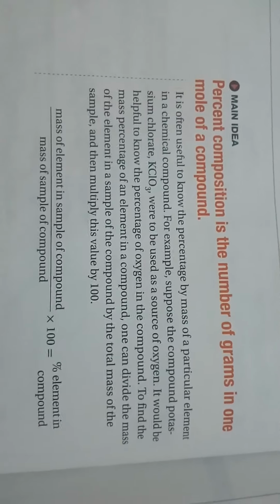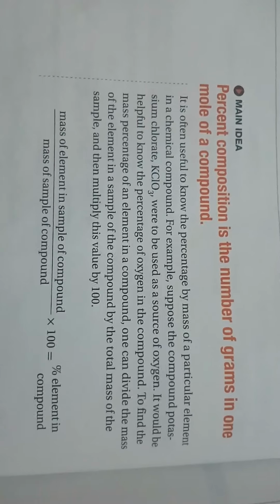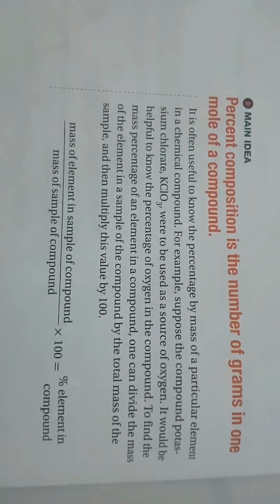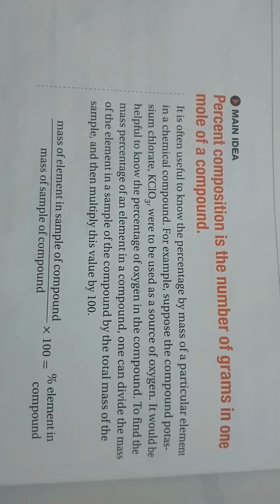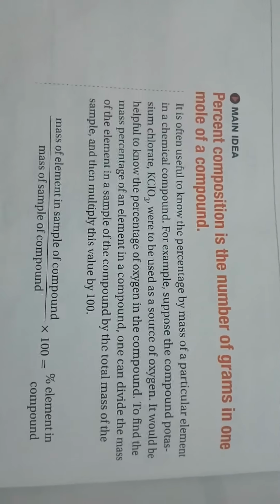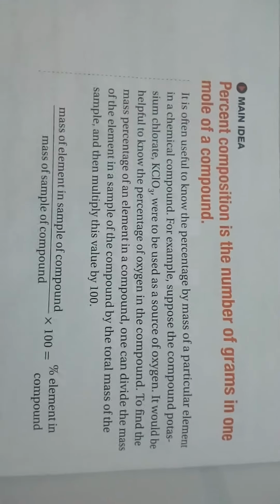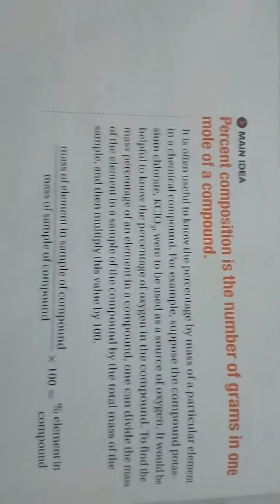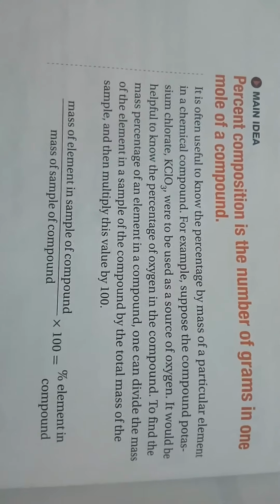Hello everyone. Today in this video I'm going to continue explaining section 3 of chapter 7, which talks about percent composition. There are basically two formulas that we can apply, and as I told you, in your SAT test they're only going to test one skill in every question.